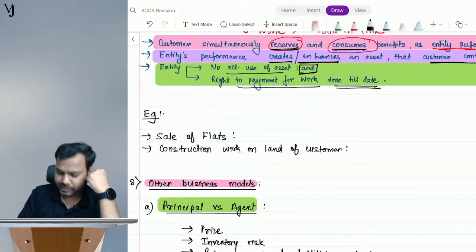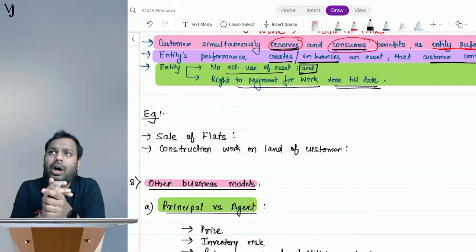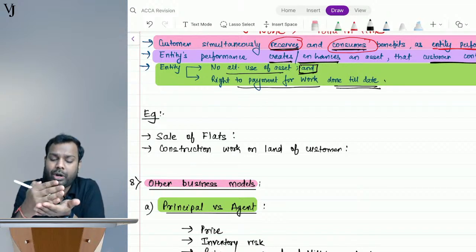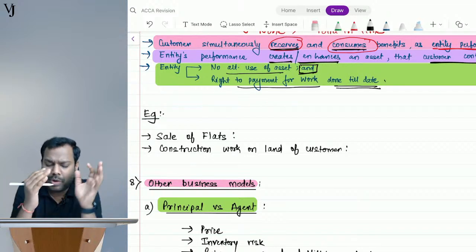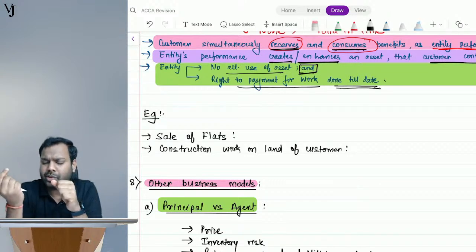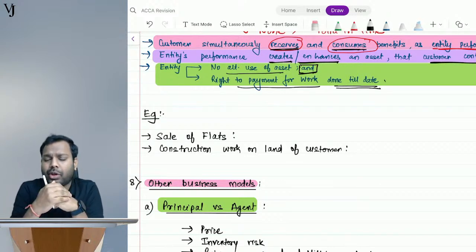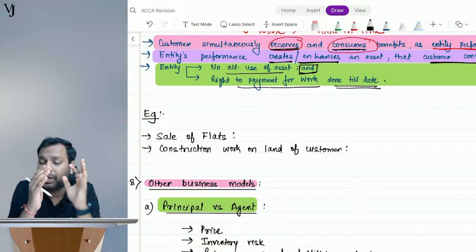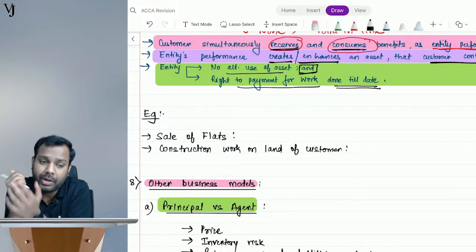Sale of flats. Let's suppose you are a builder and you have sold one of the flats to a customer. You are in the construction phase only, and one of the customers has booked a flat in your apartment. Now tell me, when you are performing, can the customer receive and consume the benefit?